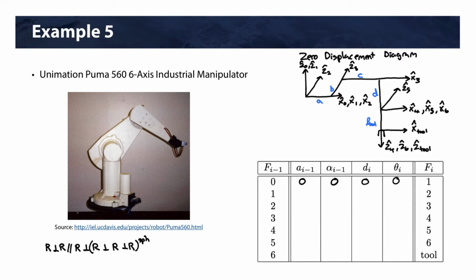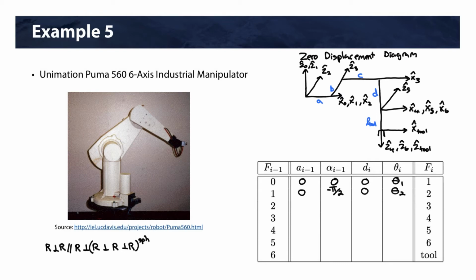And then we have our first variable, theta 1. Going from frame 1 to frame 2, Z1 and Z2 intersect, so this is 0. Z2 is into the page, Z1's up, so that is a negative 90 degree or negative pi over 2 rotation. But X2 and X1 are collinear here, and then we have theta 2.